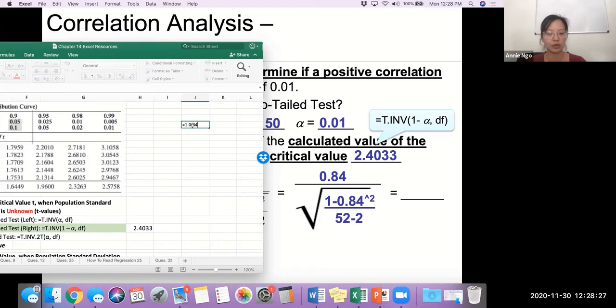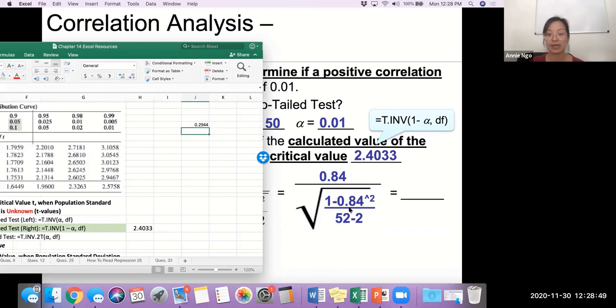So I'm going to do shift 6, that's the little caret or little hat, and I'll type in 2 because I'm squaring it, and then I'll hit enter. That's going to give me the number right in here. Hopefully you get what I get. So this 0.2944, that's the number right in here.